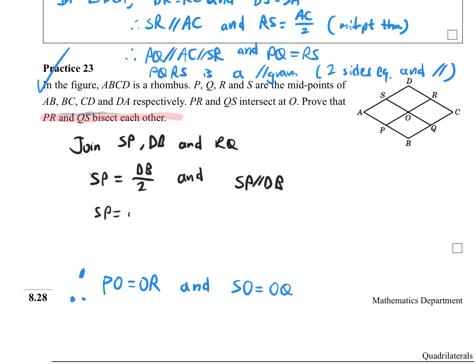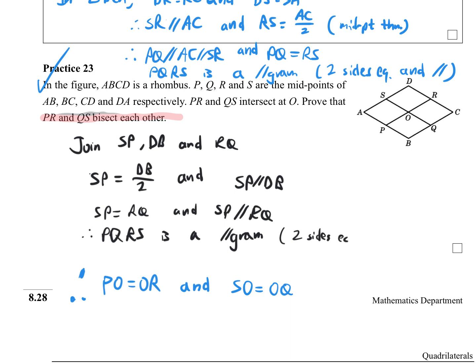So SP equals RQ and SP is parallel to RQ. In other words, PQRS is a parallelogram by two sides equal and parallel. And therefore, the next line is still true because that's a property of a parallelogram.